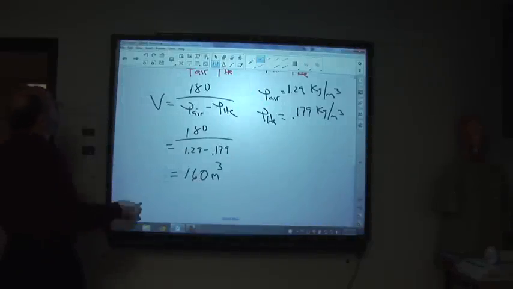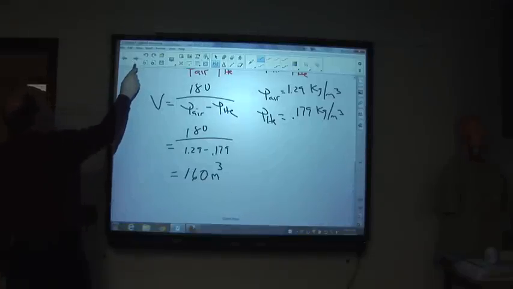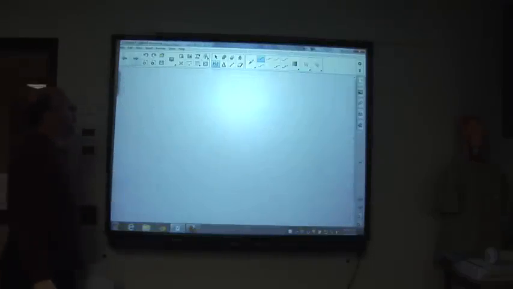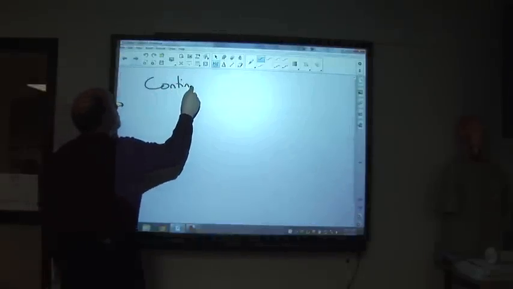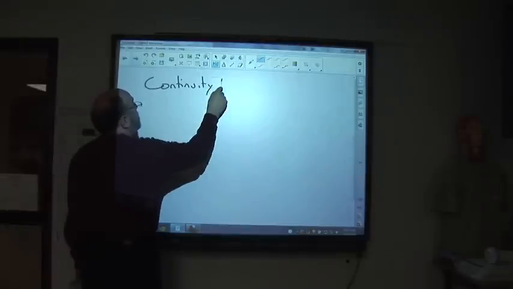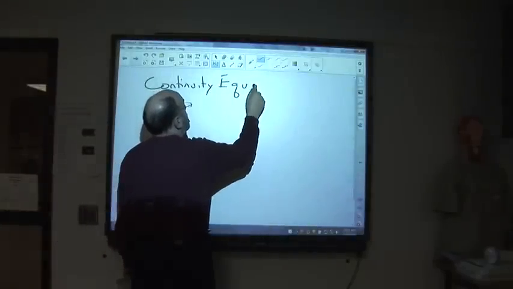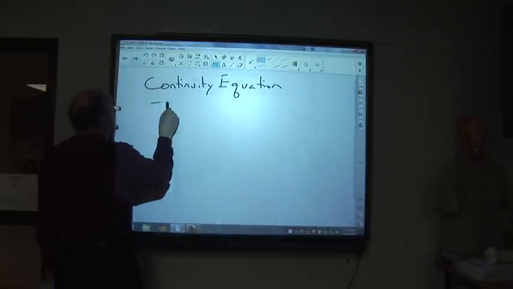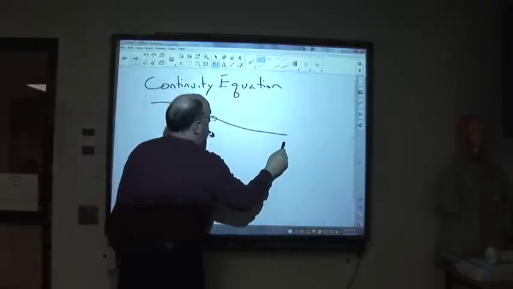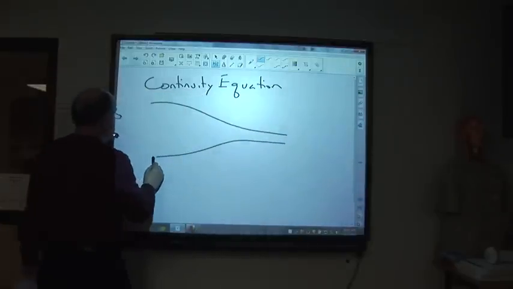Now, we can also look at what happens to a fluid as it flows through a pipe. And so you get what's called the continuity equation. And so now we're looking at what happens when you have something like this.